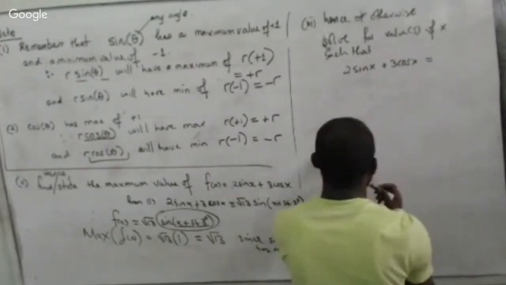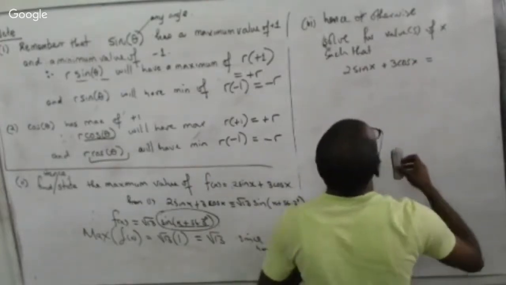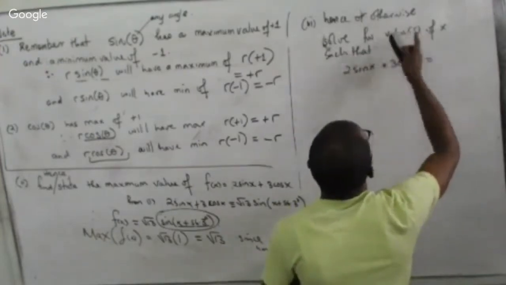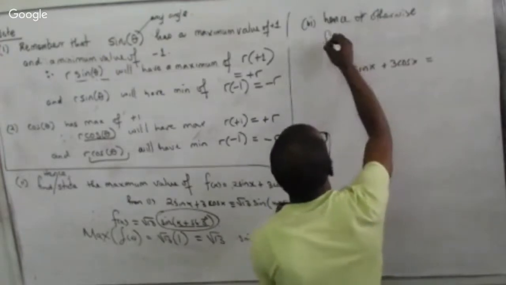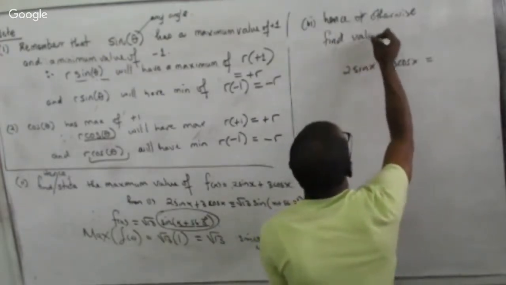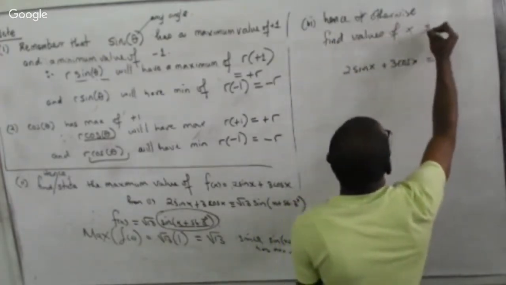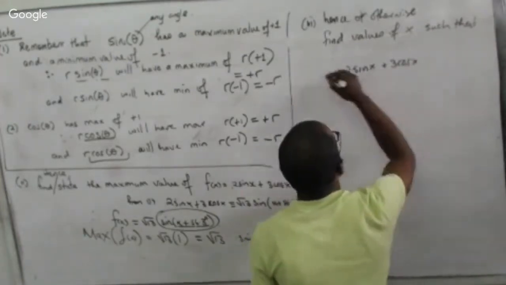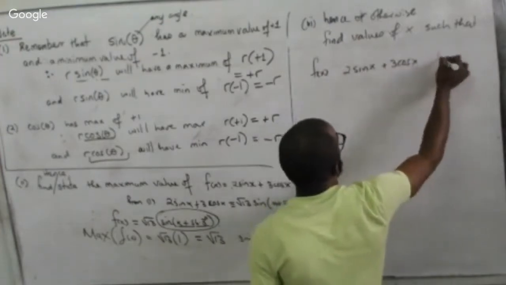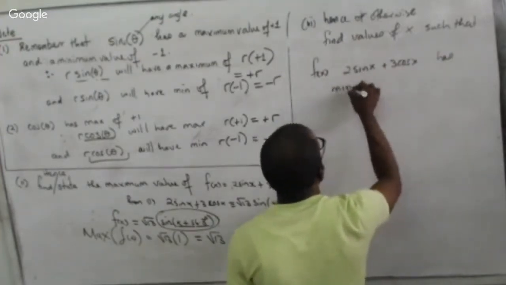Oh, no, I didn't say anything. My bad. And so otherwise, find the value of x such that f of x has minimum value.